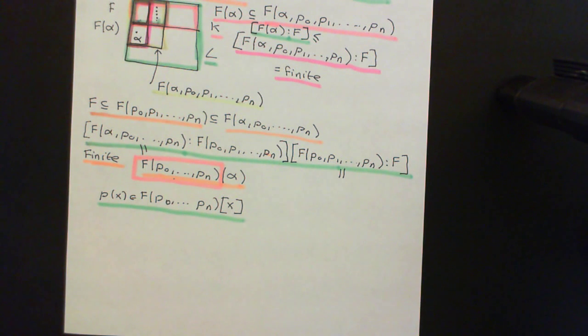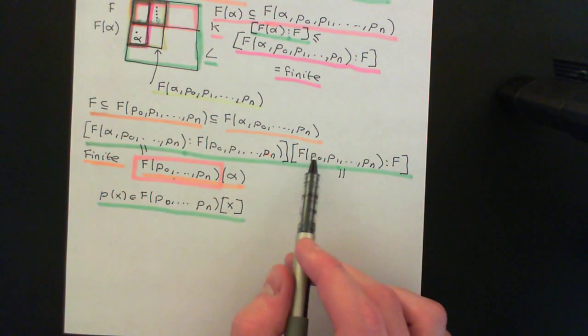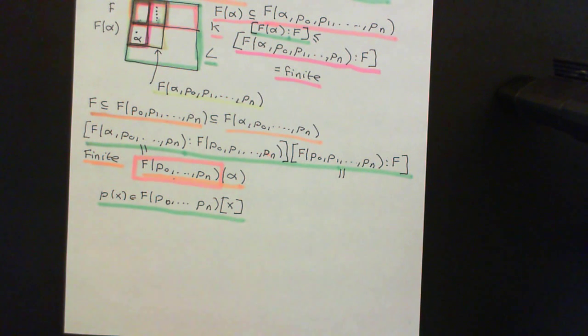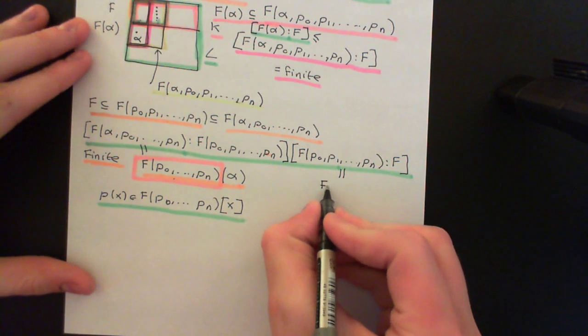You'll get loads of elements in the larger field capital L. You'll certainly get all of F because of the constant polynomials. Collect all of those answers together and you'll get your new field extension of F, which is this field extension of F generated by these elements. Okay, and again, because they're all algebraic over F, it won't go on forever generating new elements. It will loop back around, and therefore we can conclude that this will be finite.